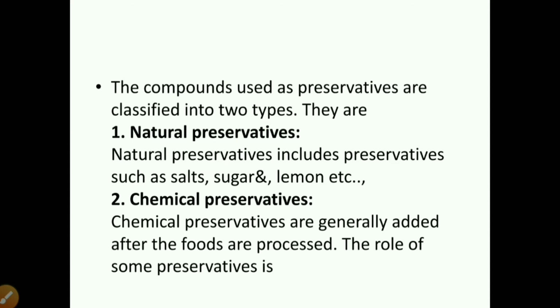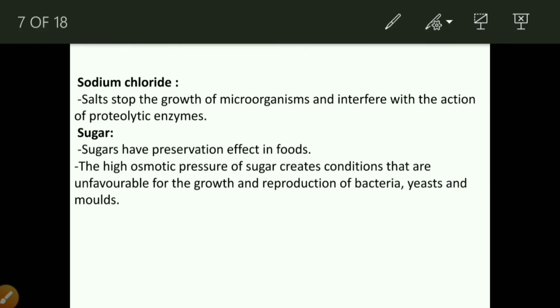Now let us discuss about it. Natural preservatives include salts, sugar, lemon, vinegar, etc. These both are class 1 preservatives and they are natural preservatives. These are not chemical preservatives. Sodium chloride, sugar. The salt stops the growth of microorganisms and interferes with the action of proteolytic enzymes.